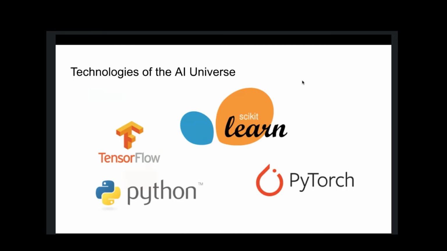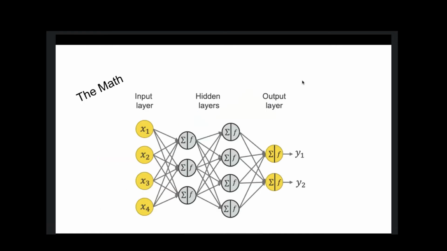The AI universe has a lot of different technologies. You have TensorFlow, PyTorch, scikit-learn, and probably 100 other things. We needed a way to make all of these technologies work, and work efficiently. Under the covers in these libraries is a lot of math.